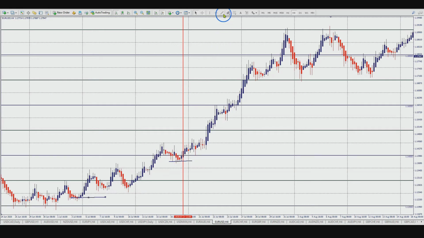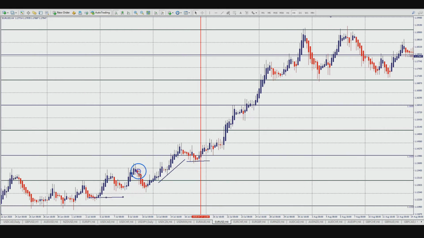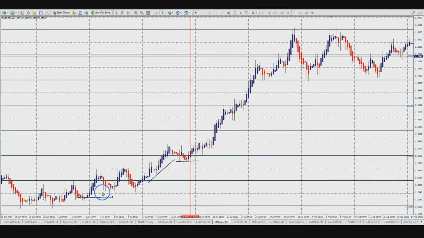Well, until price drops below the low of the previous week, wouldn't you say price is still in an uptrend and move?